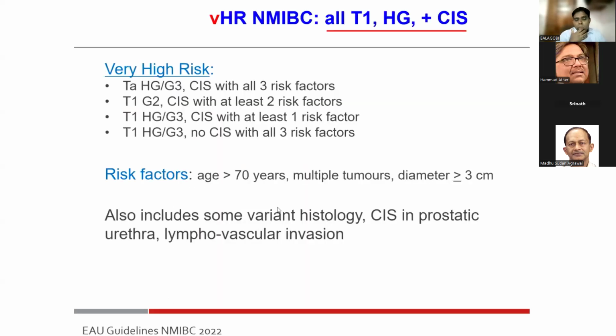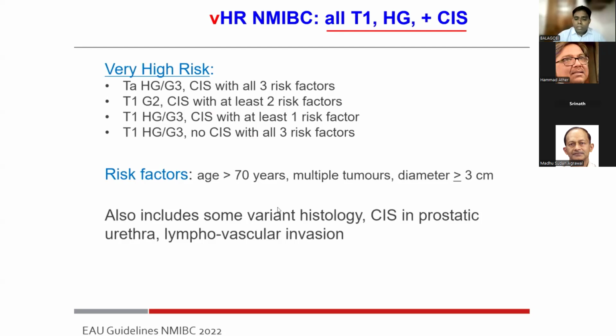Now, if you take our patient, he has a high grade T1 and a large amount of tumor, so multiple tumors. The diameter is definitely more than 3 centimeters, but his age is not more than 70, it is 43. But except for that age, he's fitting into the highest risk of non-muscle invasive bladder cancer.